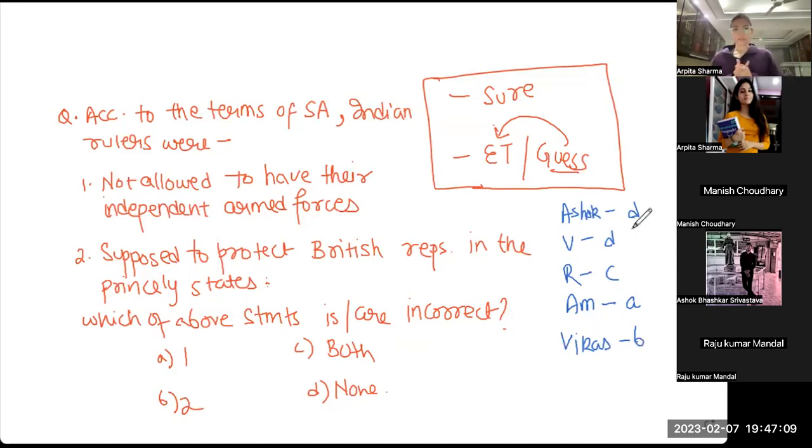What about other students? 9 students are present in the class. Ishwar is saying A. 6 students have answered. Only 6 students have answered. Manish is saying D. 7 students have answered.